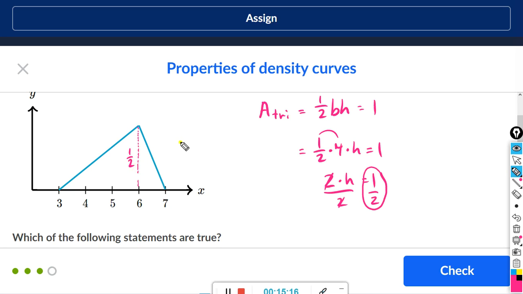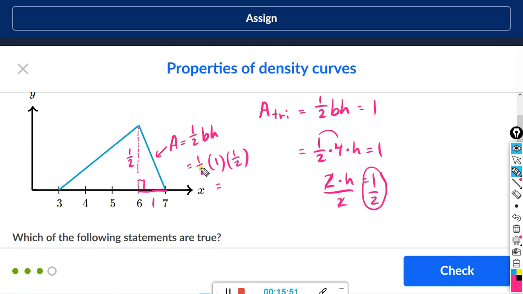Now I can calculate the area of this triangle right here. That's 1/2 base times height. That's going to be 1/2 times the base. This of course is perpendicular. This base right here just goes from 6 to 7, so that's a base of 1. And we said the height was 1/2.